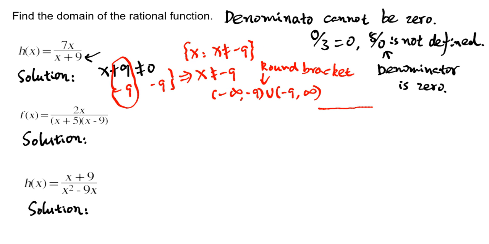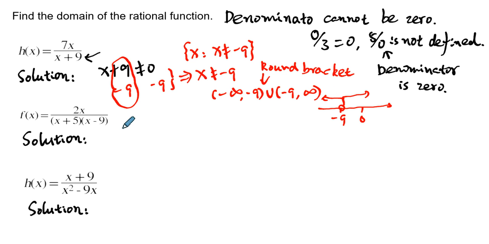On the real number line, if here is 0, here is negative 9, you want to use an empty circle to represent that. And then from this side go to the right and go to the left. That's fine.